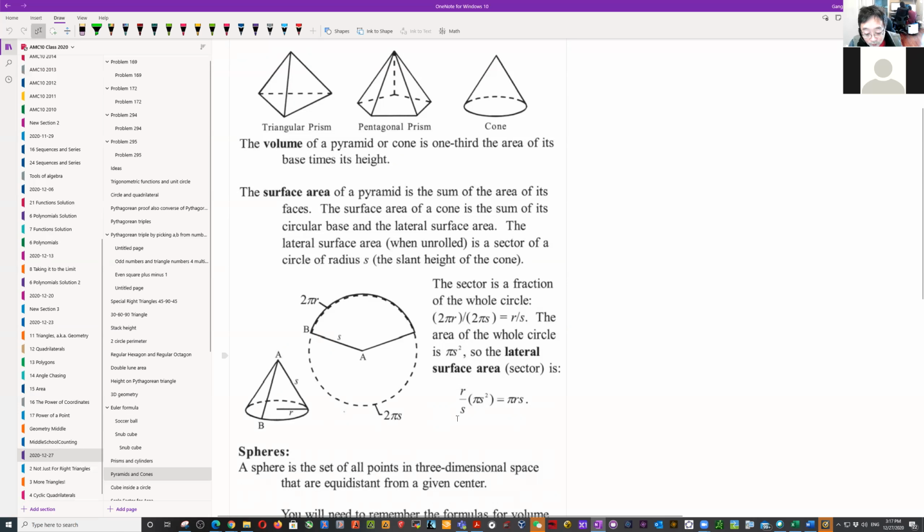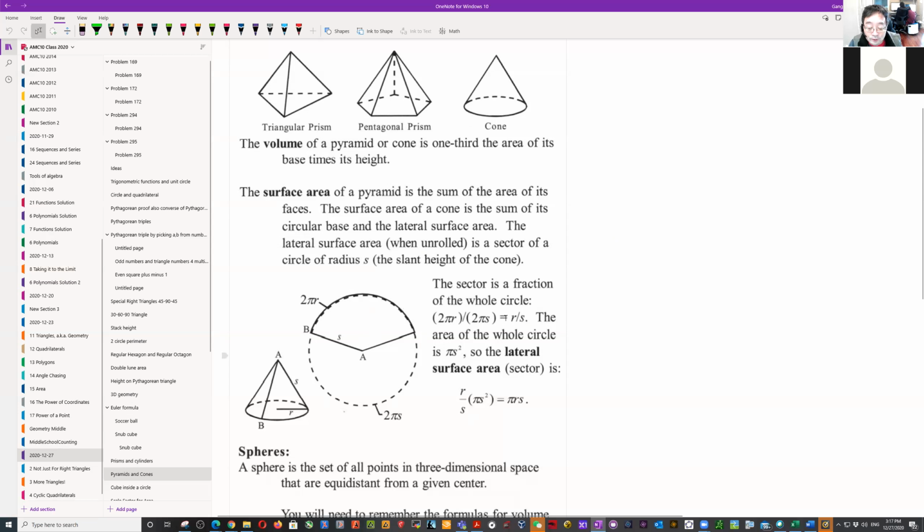So basically, I'm just taking a proportion of the area of the big circle. The ratio between the sector and the big circle is r over s, because it's just the arc length over the full circle length.